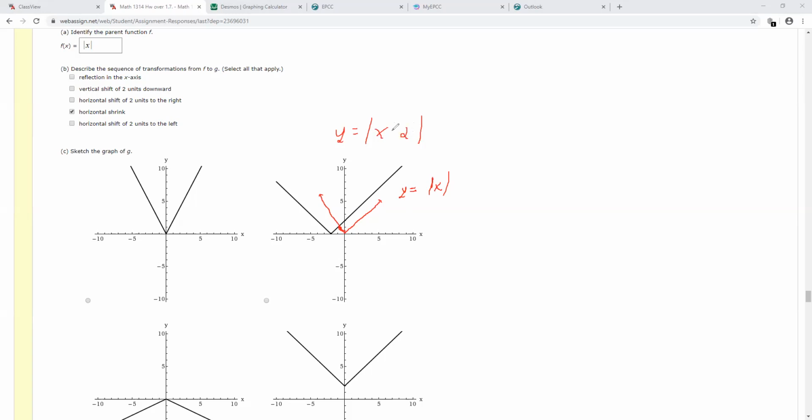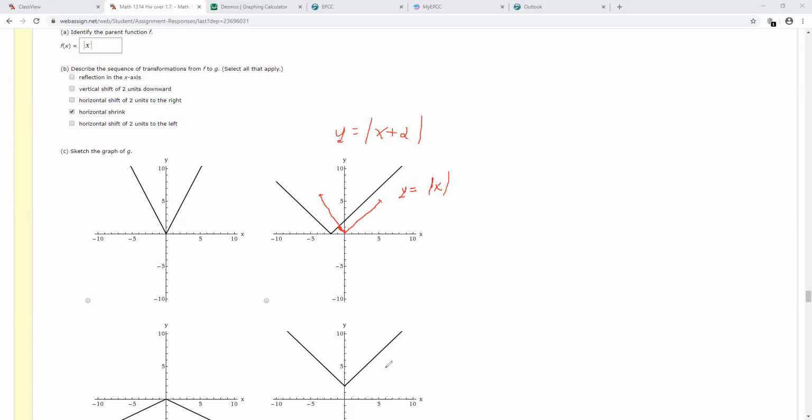But you have to write in the equation the mathematical inverse of what visually occurred. So instead of subtracting 2, what do you write inside here? Plus 2. So that's what this one is.